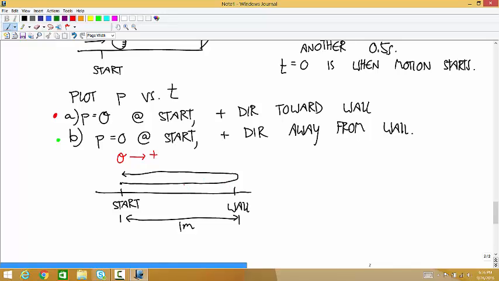So if the wall is 1 meter in the positive direction from 0, the wall is labeled 1. What this object does then is start at 0, go to positive 1, and then back to 0. So there's 1 meter. Here's 0.5 seconds, and another 0.5 seconds. I don't care if you draw these rounded or sharp.